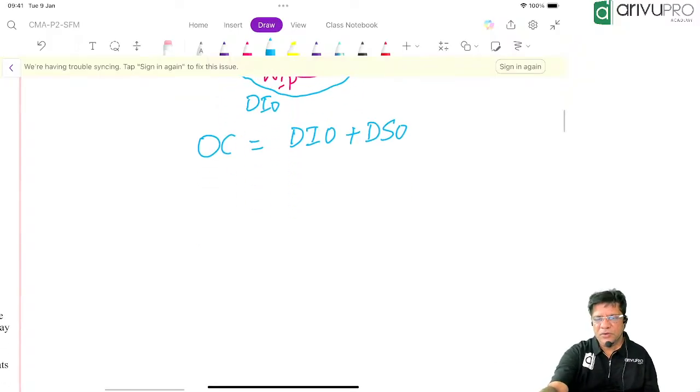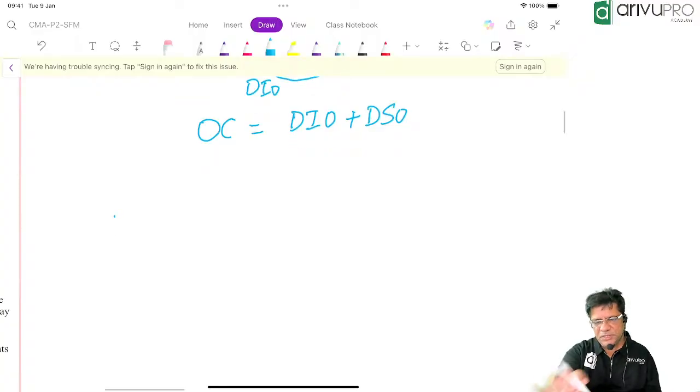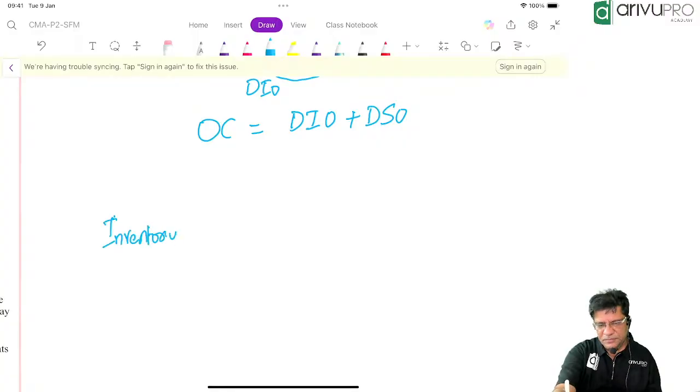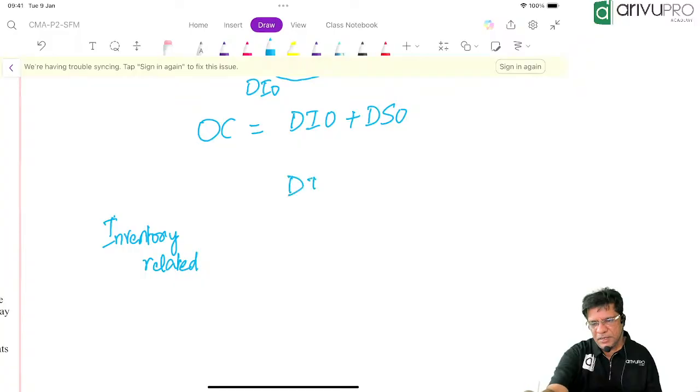Now, how to calculate DIO? We will write formulas here. Just watch me, then arrange your page accordingly. Inventory related: DIO and turnover.